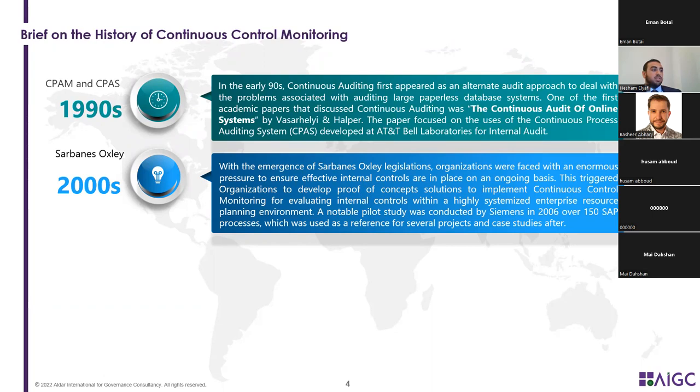During this period, a lot of proofs of concept were internally developed, mainly to evaluate the uses of continuous monitoring in a highly systemized ERP environment. A notable project in the 2000s was done by Siemens, where they started testing over 150 processes in their SAP system. This case was mainly used as a reference for future case studies or projects.